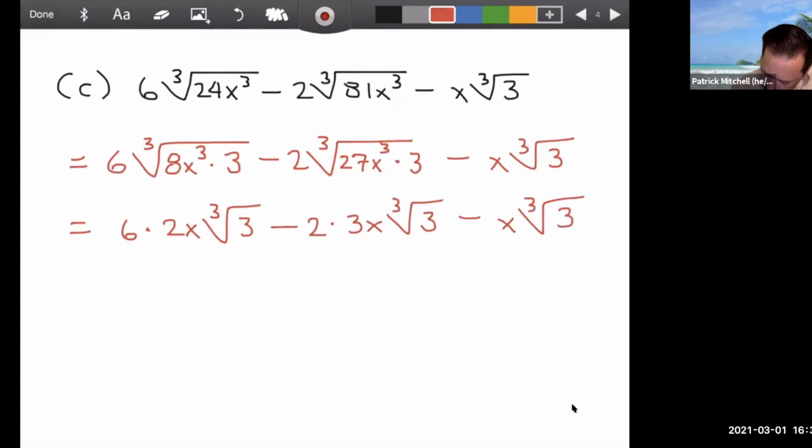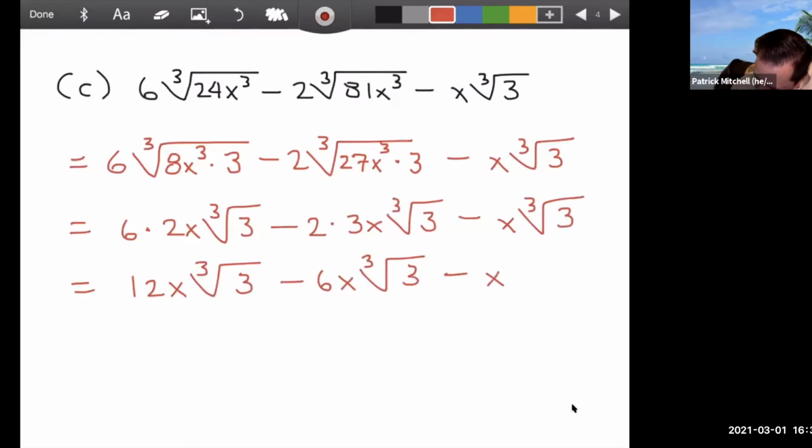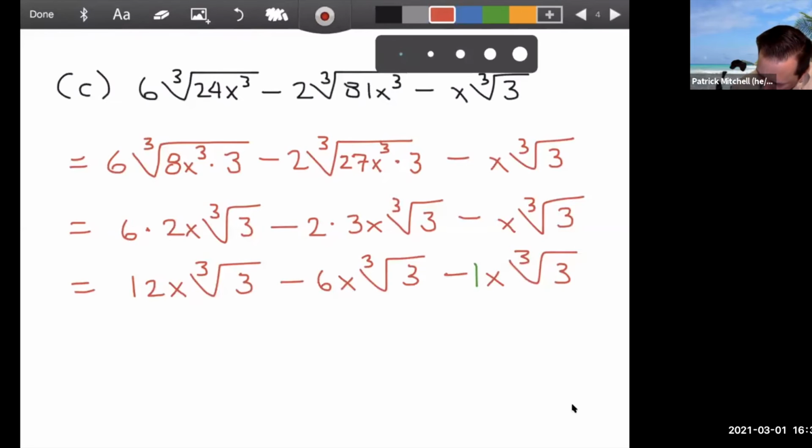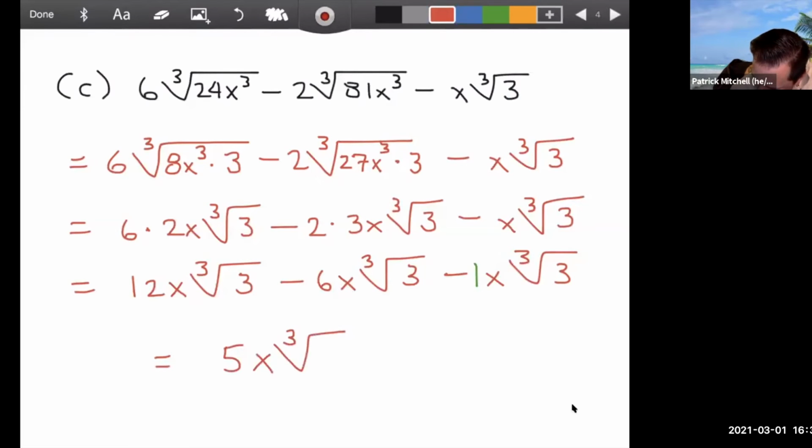All right, so now 6 times 2 is 12. 2 times 3 is 6. Everything about these three terms is the same except for the coefficients. 12 minus 6 is 6. 6 minus 1, there is an invisible 1 hiding right there, is 5. So that's going to give me 5x cube root of 3.